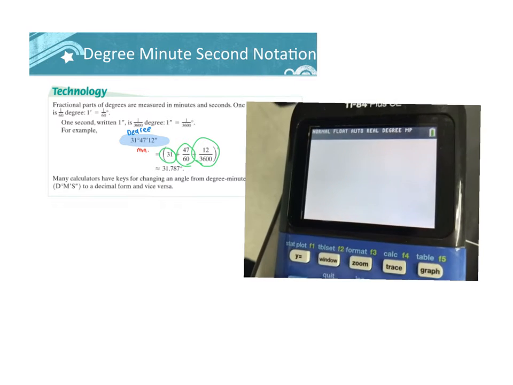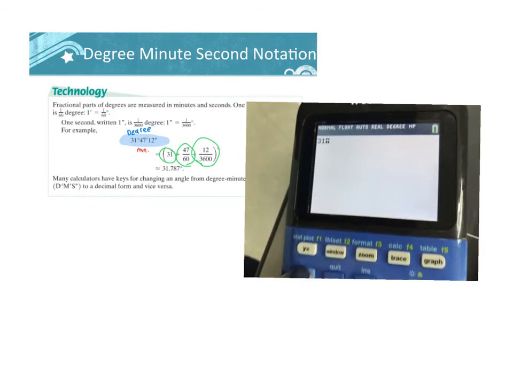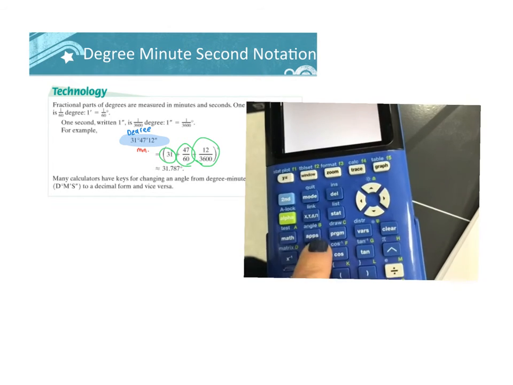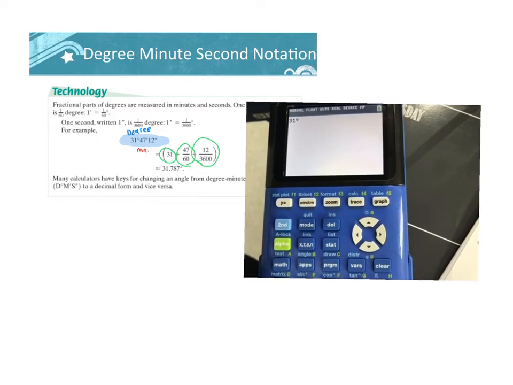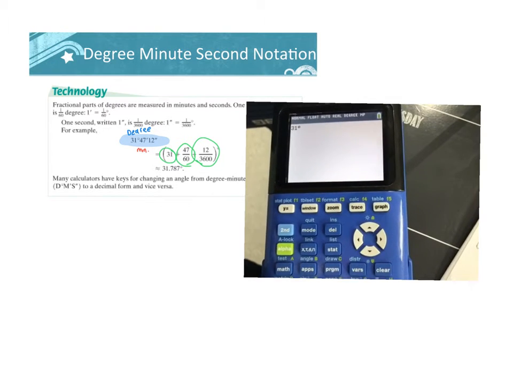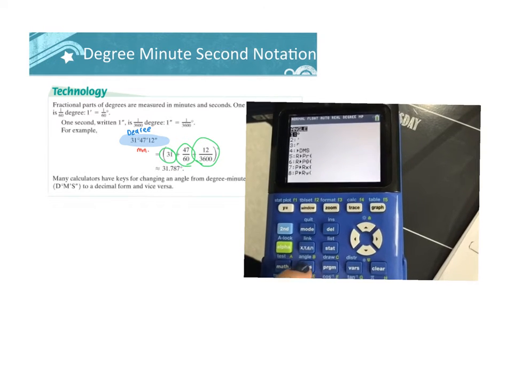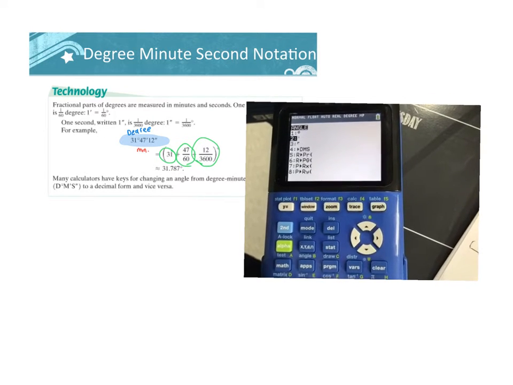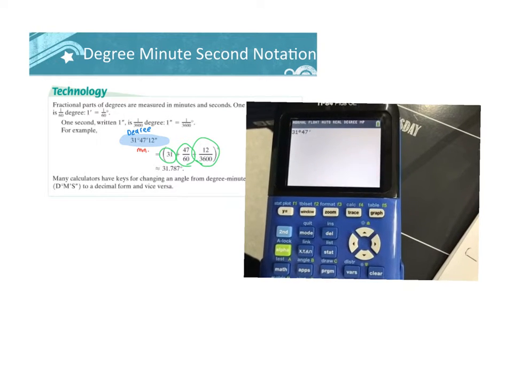So what I do is I would type 31, that's my degree. I would hit second, apps, because that's where my angle is, and you'll see a little degree symbol. You'll click on that. And then I'd get 47, and I go second, apps, and there's a single tick mark there. I hit enter. And then the last one is 12.